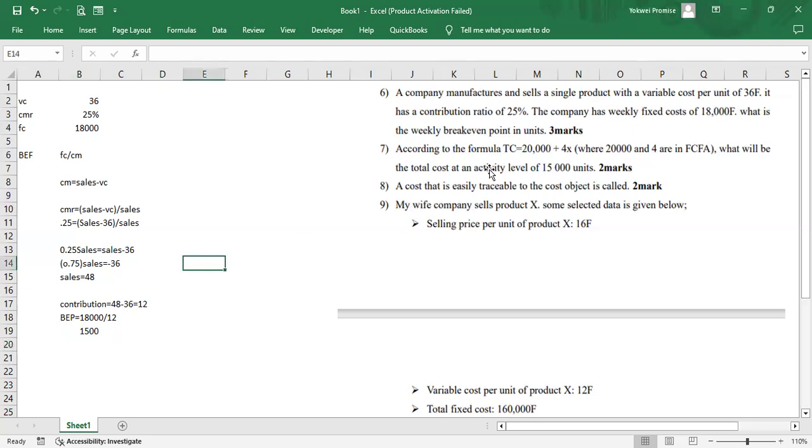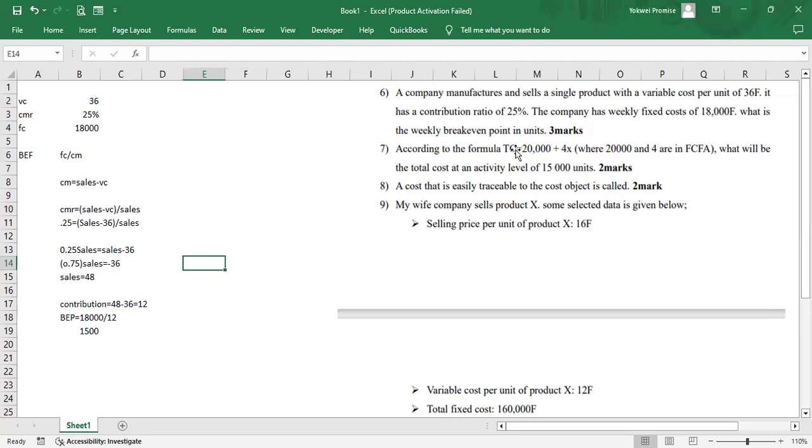All right. The next one: according to the formula, total cost equals 20,000 francs plus 4x, where 20,000 francs and 4 are in francs. What would be the total cost at an activity level of 15,000 francs? So what are they asking here? They're asking for the total cost at the activity level of 15,000 francs.